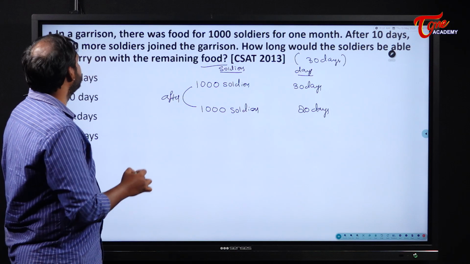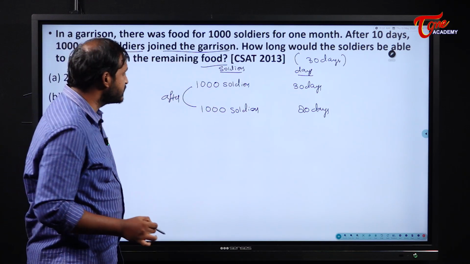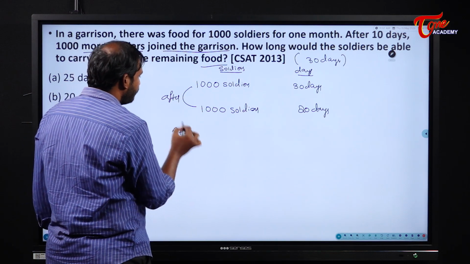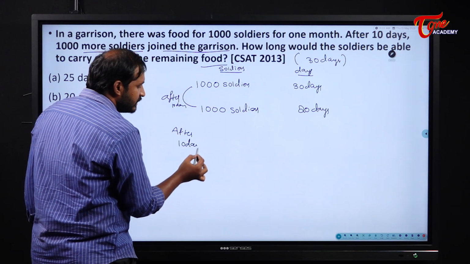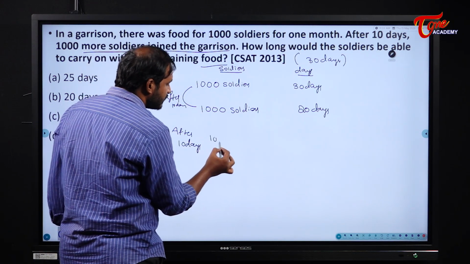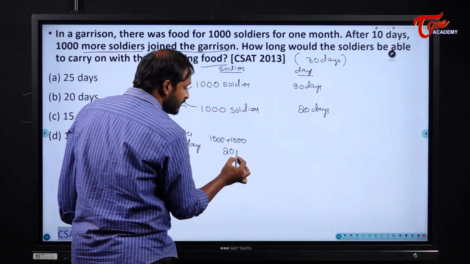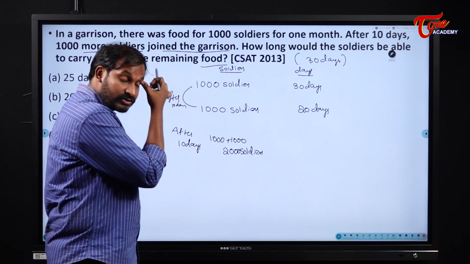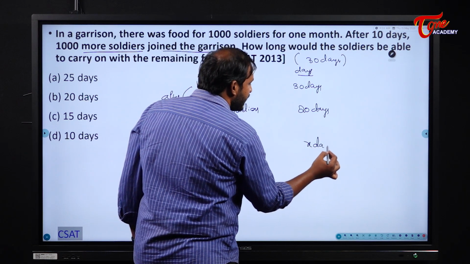But what is happening here? 1000 more soldiers joined the garrison. So after 10 days, the actual scenario is 1000 plus 1000, because 1000 more joined. So there are 2000 soldiers now. For 2000 soldiers, the food will last for how many days? We don't know. Let us assume it as some x days.